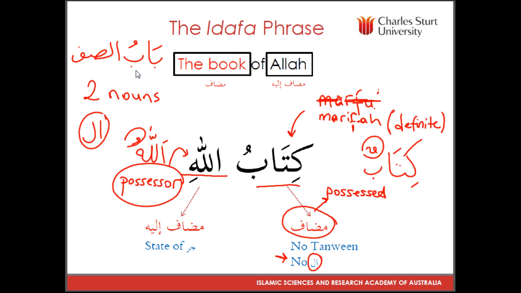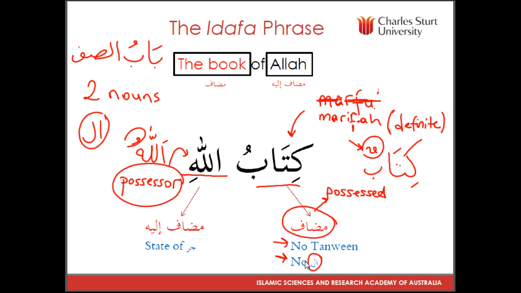Second and important one, you shouldn't add tanween as well. Why? This is a sign for indefinite. When you say kitabun, it means a book. It is unknown, an indefinite book. But when it is mudaf, you shouldn't add al, you shouldn't use tanween at the end as well, because you cannot use al in front. Is that clear?